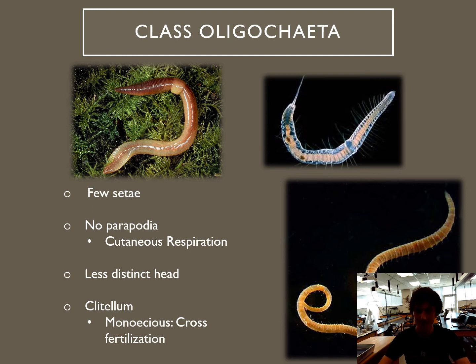They don't have parapodia, so if you look at each one of these earthworms, they don't have any fleshy appendages going out to the side, but they still have cutaneous respiration. One of the ways that they're able to do this is that they live in really moist environments.